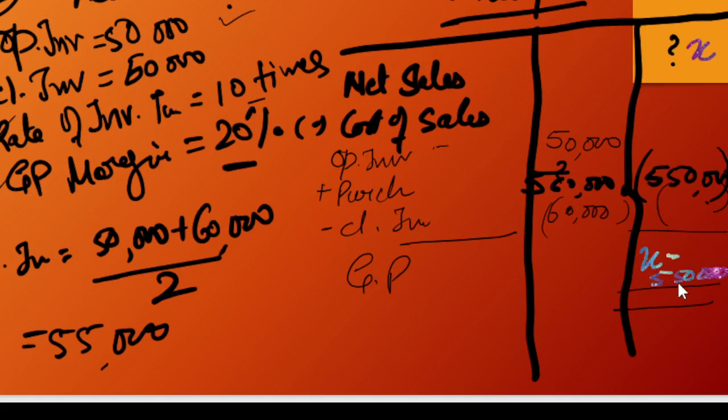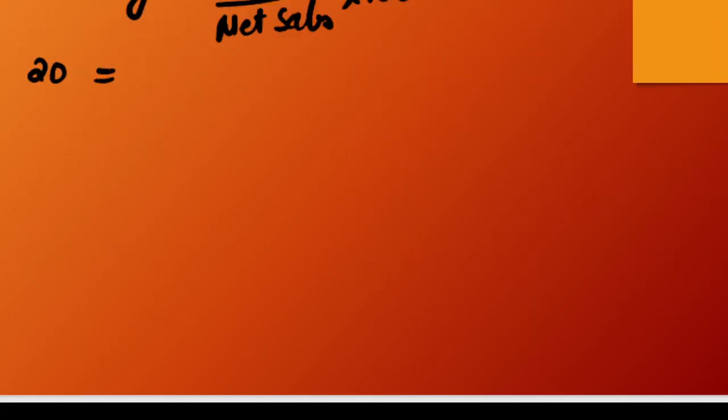So X minus 550,000 is my GP, upon net sales X, into 100.